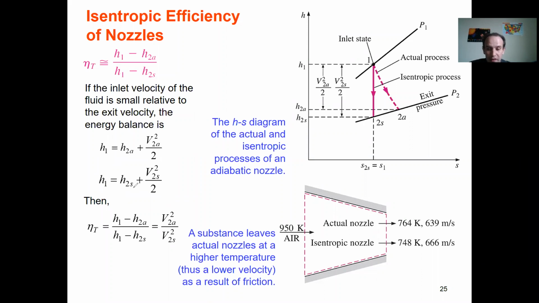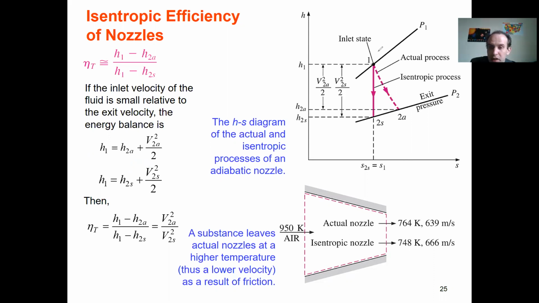Here this value will definitely be less than this one. You will spend less in reality, right? Temperature will drop less, and that's why H2 actual will be larger than H2 isentropic, right? And this value will be larger than this. Please realize it. This is just an example of how to employ it.